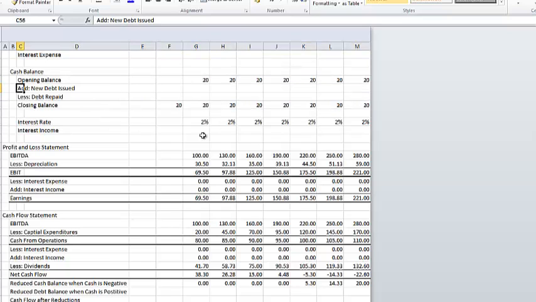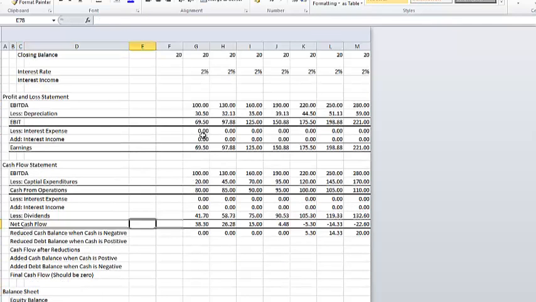So it says add new cash generated less cash used. Okay? So now in this particular case, we only could use the 20. So that's nice that we could at least demonstrate that.